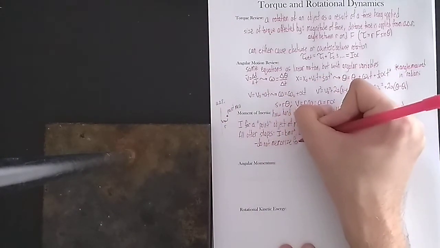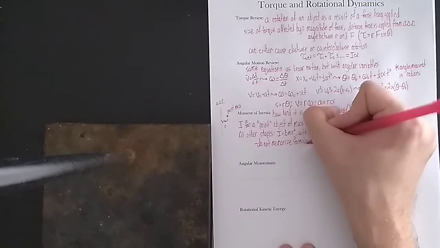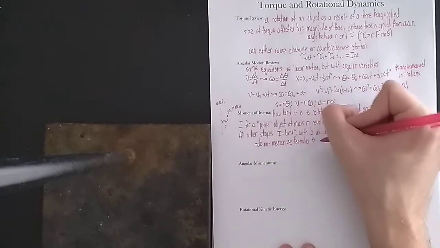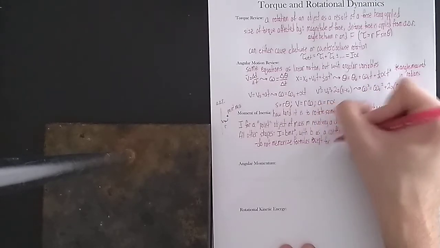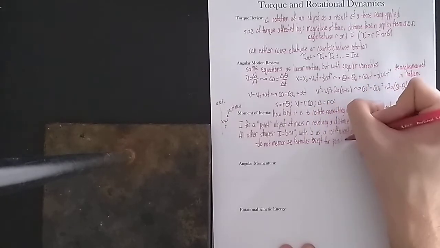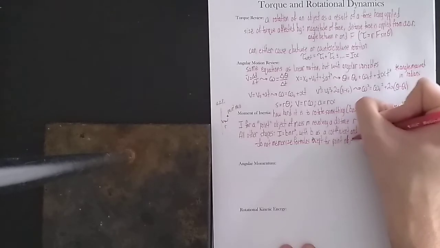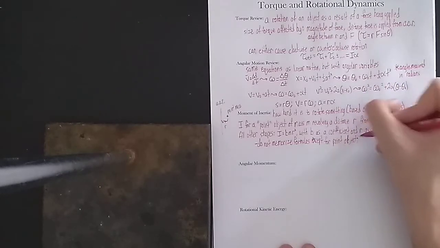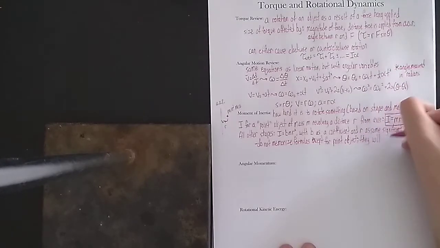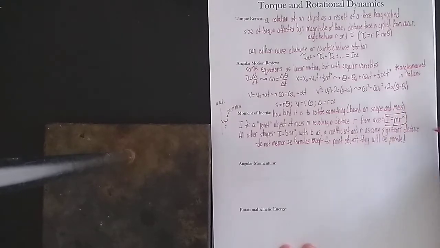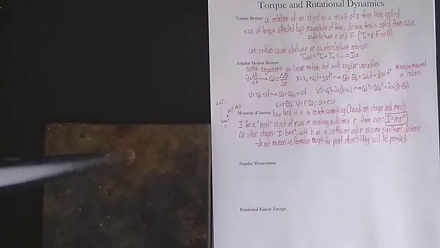Do not memorize formulas except for a point object. The reason you don't have to memorize them is because they will be provided. It didn't used to be like that, but thankfully they will provide those to you now.